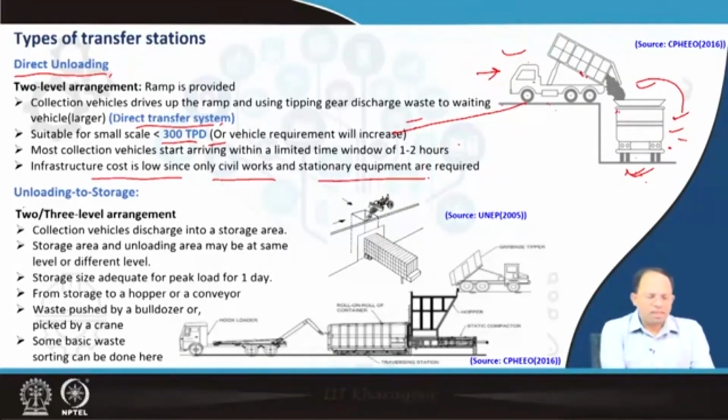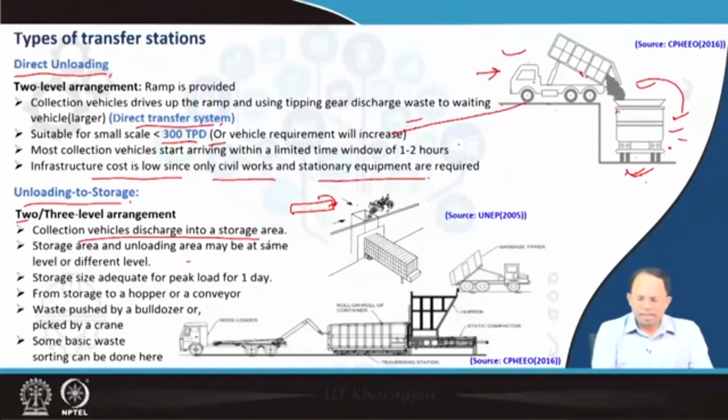Now the second system is unloading to a storage system. As you can see, it could be a 2 or a 3 level arrangement, right? I will show you a 3-level arrangement later on in the next slide, but in this 2-level arrangement, collection vehicles discharge into a storage area. Suppose collection vehicles come and they discharge into this particular area, and then the storage area and unloading area may be at the same level or a different level.